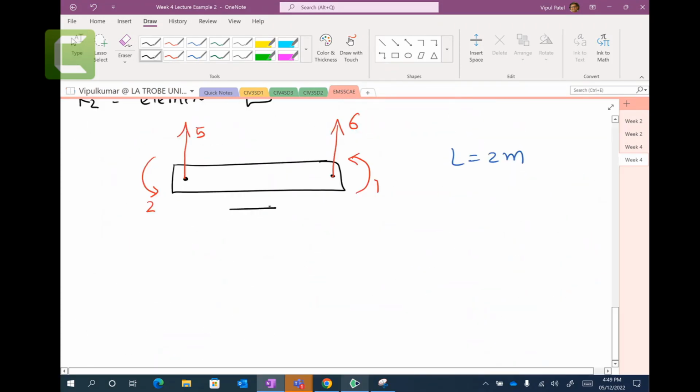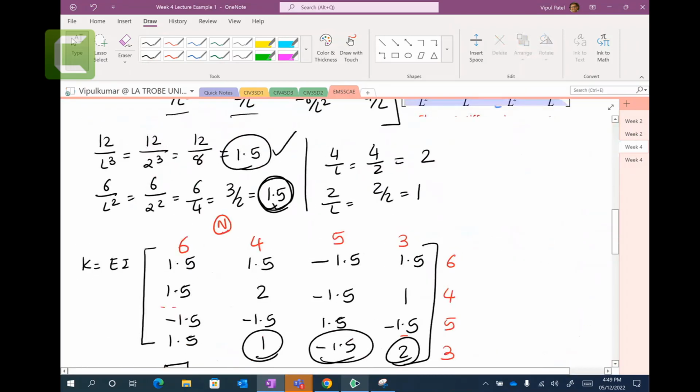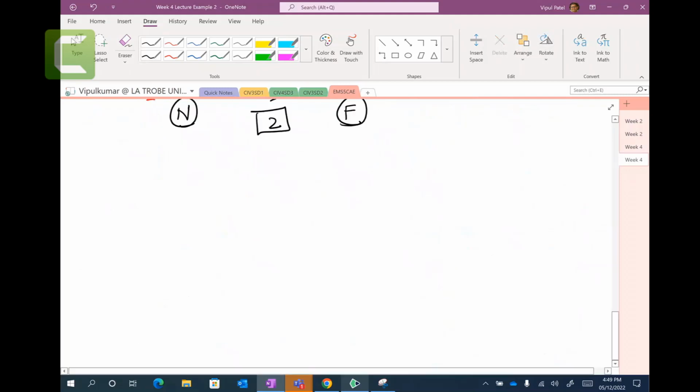And the location vector goes here. This is the near node, this is the far node, and this is element number 2. You remember this element K2 equals 1.5. If you go back here, the length equals 2 meters, then we can use exactly the same 1.5, because it's just dependent on the length. EI, let's keep it out.